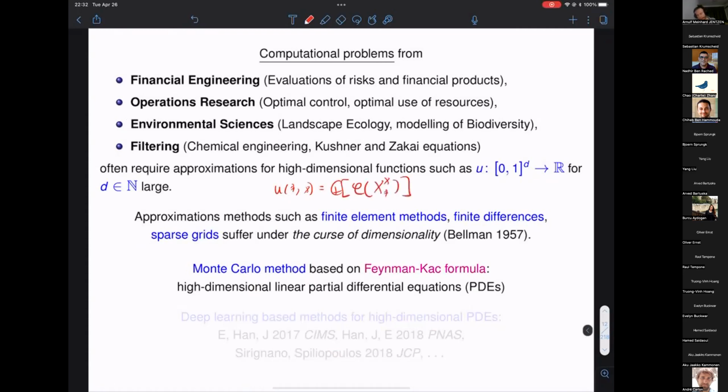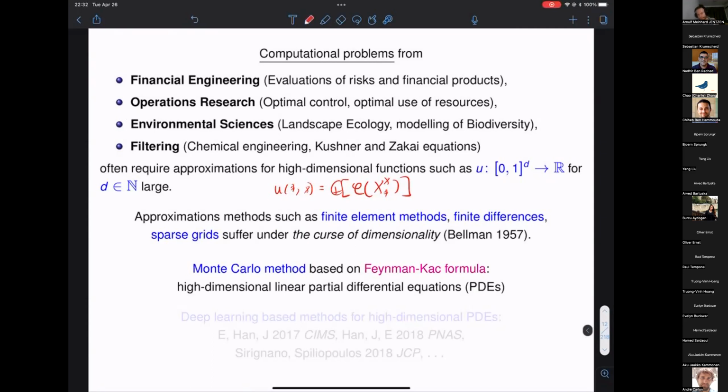And then instead of introducing some grid in the space variable, one uses a Monte Carlo average for approximating this expectation, and then one can show that this method grows only polynomially in the problem dimension and in the inverse of the precision, and thereby overcomes the curse of dimensionality.